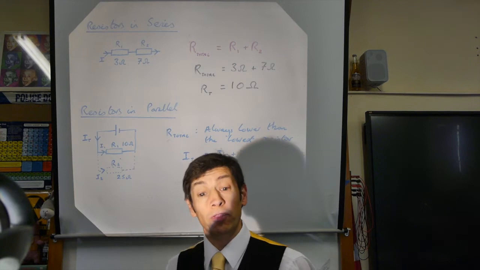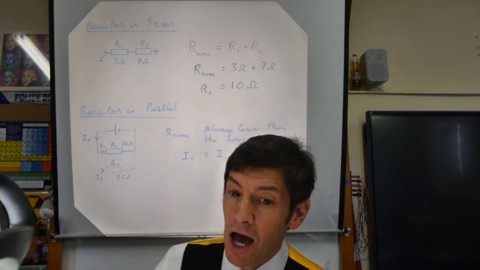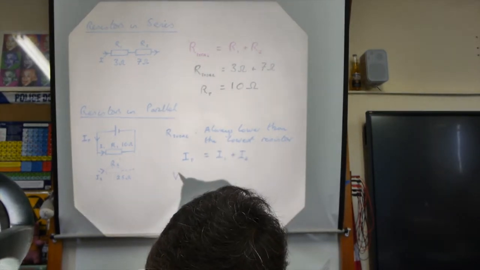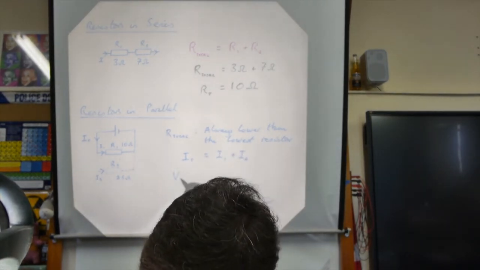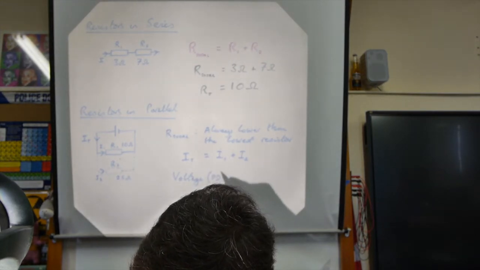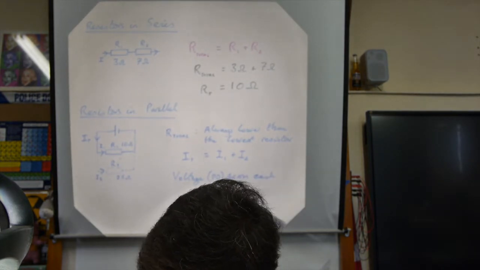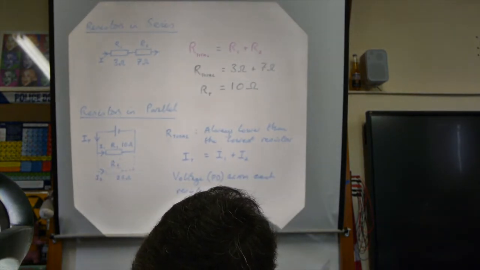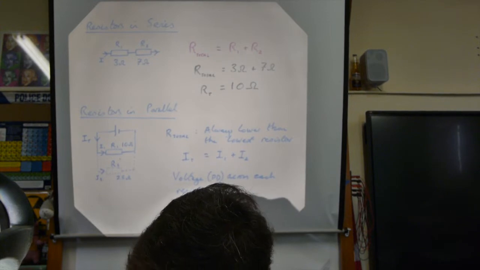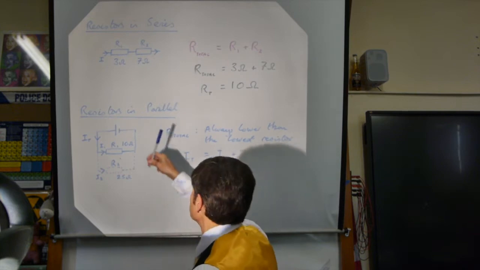And the most important thing of all with parallel circuits is that the voltage, or potential difference we should really call it, I'll call that PD, potential difference, across each resistor is the same.